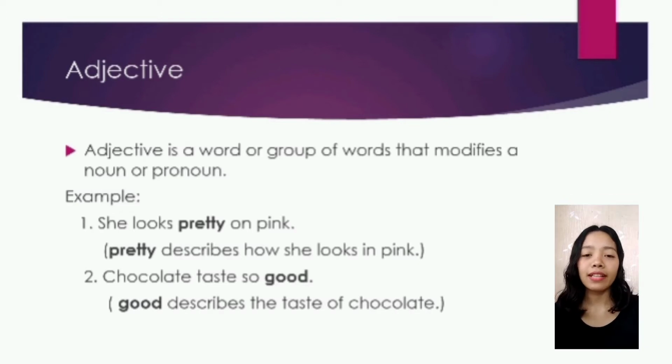For example, she looks pretty in pink. In the sentence, pretty is the adjective. Pretty describes how she looks in pink. Example number 2: chocolate tastes so good. Good is the adjective in the sentence, meaning good describes the taste of chocolate.